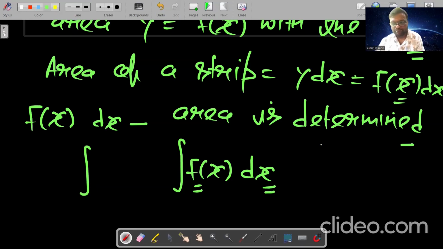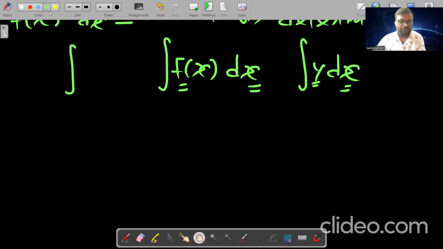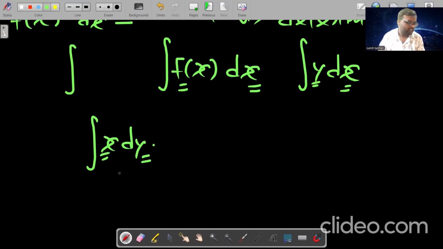Suppose I am writing y dx, it means I have to integrate y with respect to x. Suppose I am writing x dy, it means I have to integrate x with respect to y.